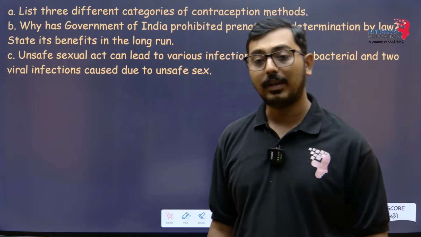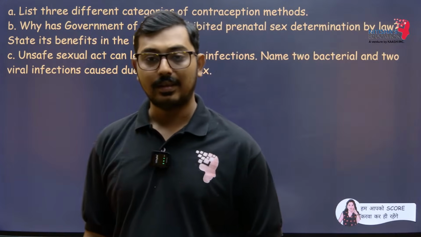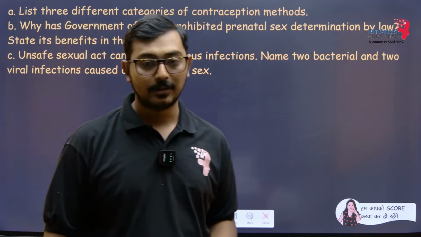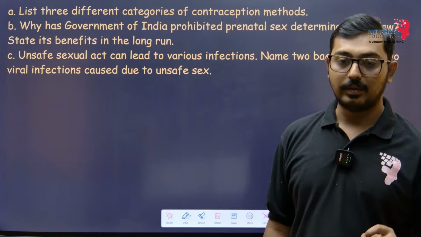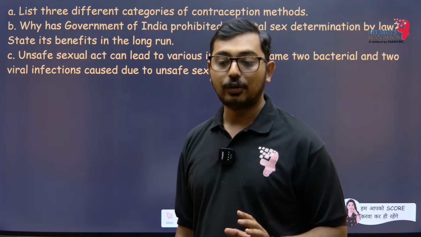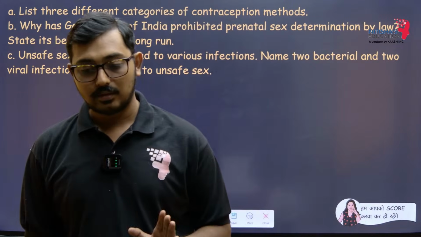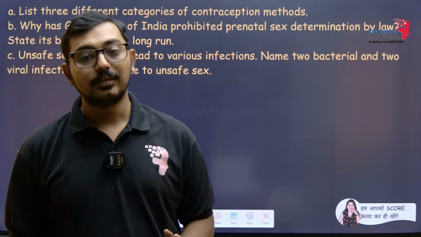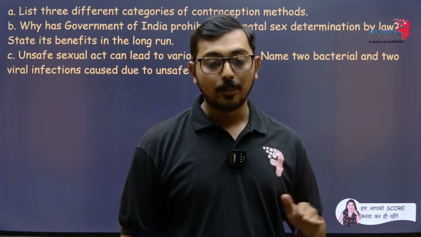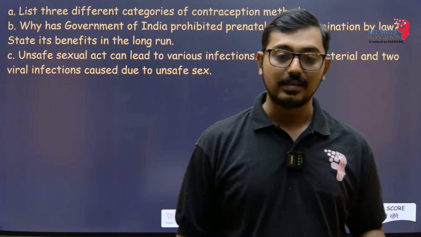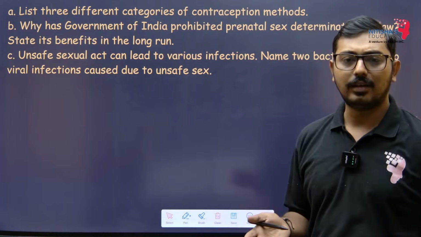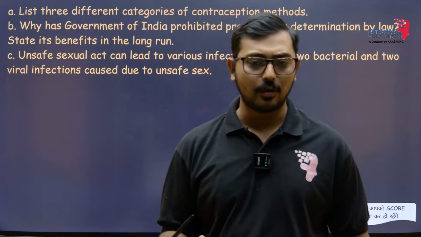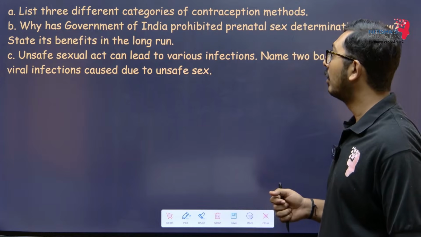In that, vasectomy in the male, or tubectomy in the females, where the fallopian tube is cut, with the help of which there is no passage of sperms or ova. So there are in all three different forms, and any three examples you can consider.